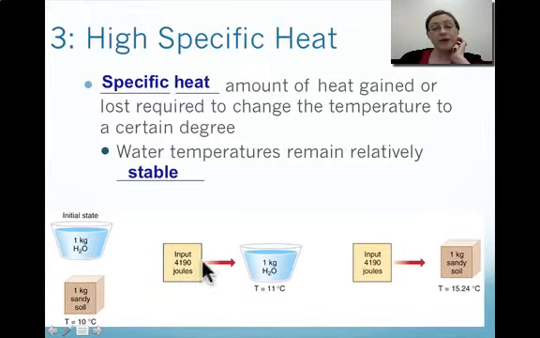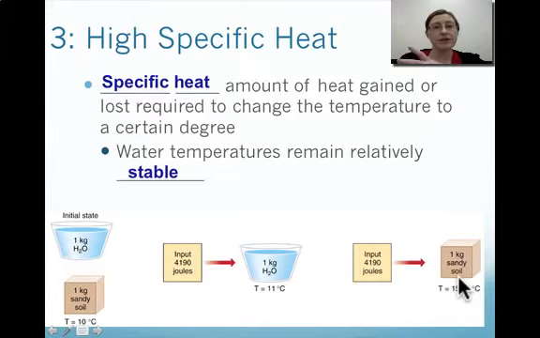And I'm going to add energy in the form of heat, all right, to both of these situations. So then after I've added the heat, wait a little bit of time and I look, my temperature is 11 degrees Celsius for the water, whereas my temperature of the sandy soil, that is up above 15 degrees Celsius. So water resisted a change in temperature more than the soil did.